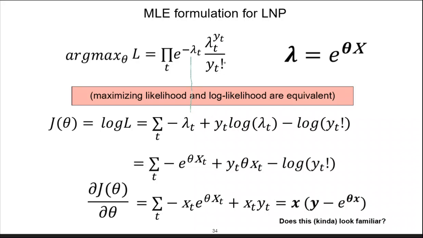Then log yt over here, and log ht over here, and minus, since it was in the bottom, log yt factorial. Then we can simplify it since gamma is e.